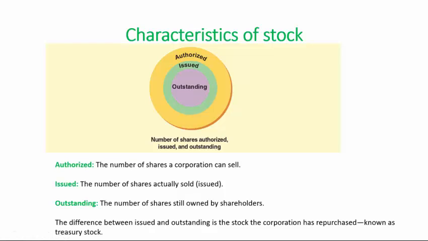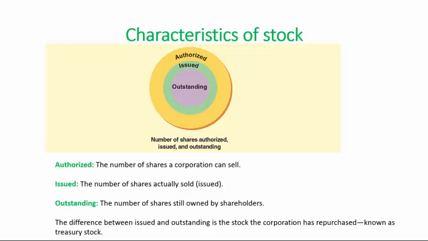Stock issues are authorized and defined by the board of directors, and they have three important numbers. They have the total shares authorized. This is the entire amount that can be sold to the shareholders. They have the amount that are issued.